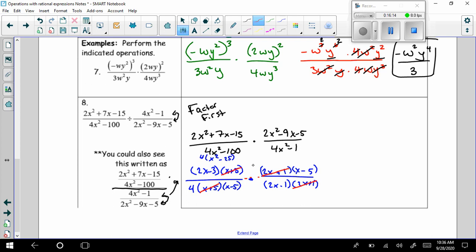So those went up and down. Diagonally, I have an x minus 5 on top and an x minus 5 on bottom. And that's the only things left that matter. I can't cancel these two x's. They are terms, not factors. So 2x minus 3 remains on top, while 4 times 2x minus 1 is left on bottom. And that is your final answer.